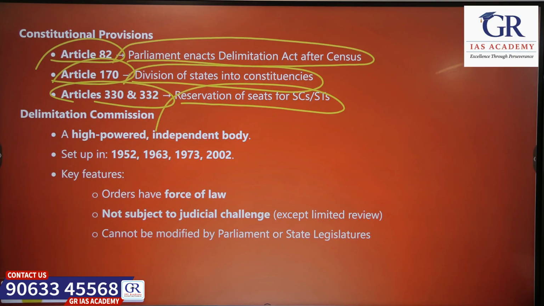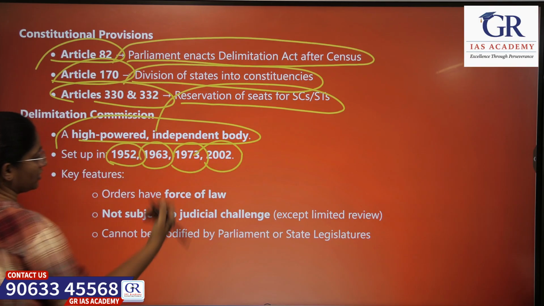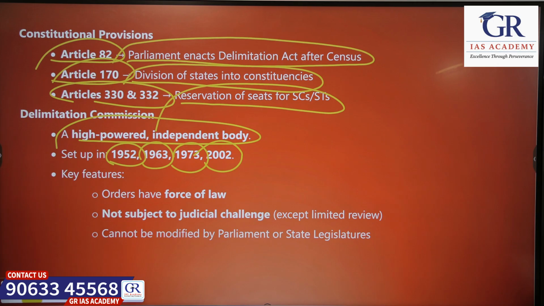So what about the Delimitation Commission? It is an independent and high powered body which was set up in 1952, 1963, 1973 and 2002. What are its important features?